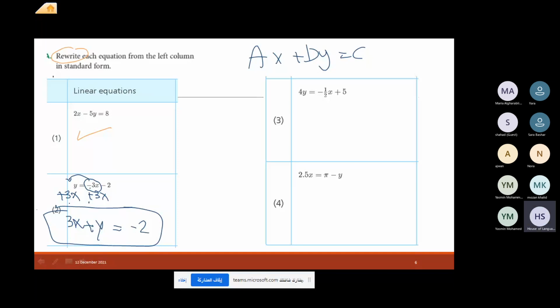We will put plus half x on both sides. Is it clear? Yes. Now this cancels as we know before. So how will it be? Half x plus y equals 5. Good job. Bravo. That's it.